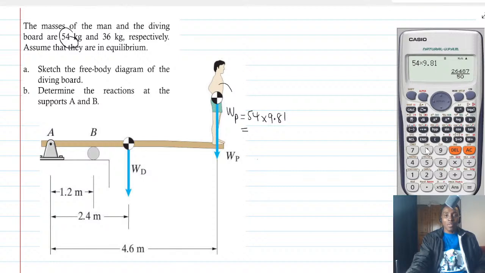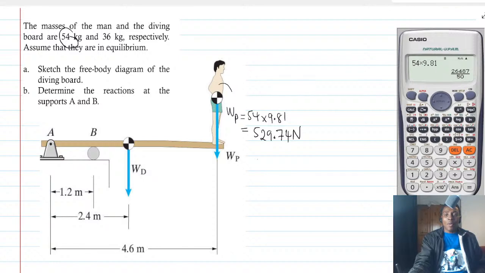Is that right? So 529.74 newtons. And that is the weight of the man. Is that right?